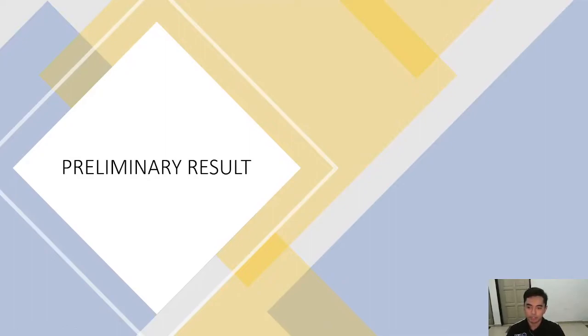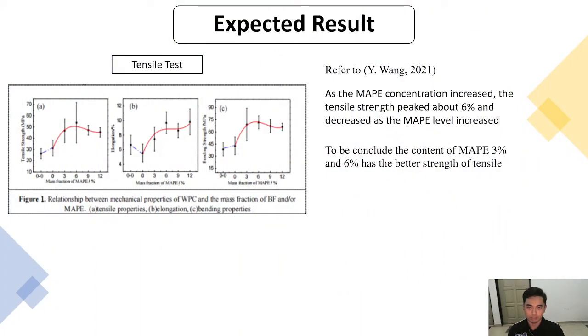Now we go to the preliminary result from the research. What is the expected result that we get from this research? The first one is the tensile test result. By referring to Yi 2021, as the MAPE concentration increased, the tensile strength peaked at about 6% and decreased as the MAPE level increased further.